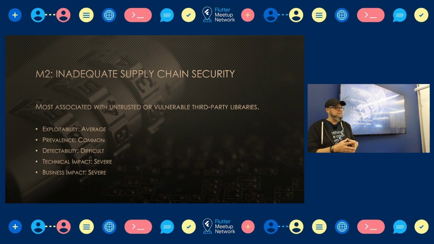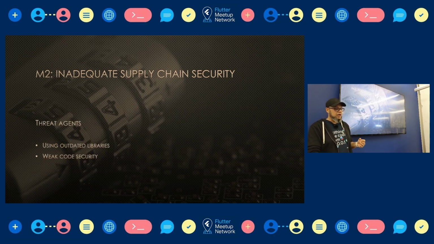For example, let's say that your app depends on a Dart package that you downloaded from pub.dev, but the developer of said package is not verified, and it probably has some shady code that you don't understand very well. If a security tool from OWASP detects one of said packages, it's going to trigger an M2.